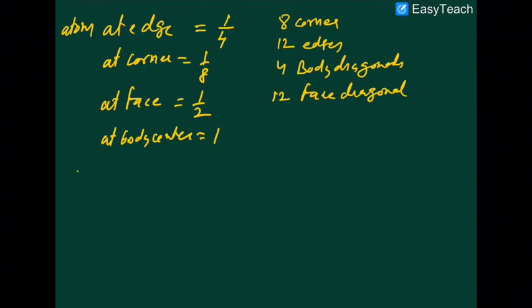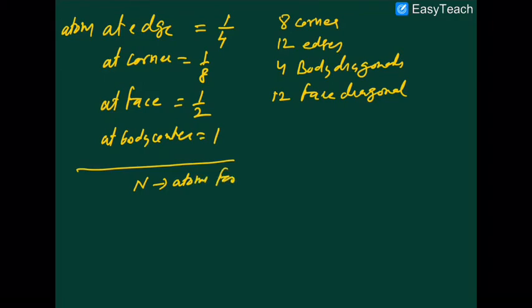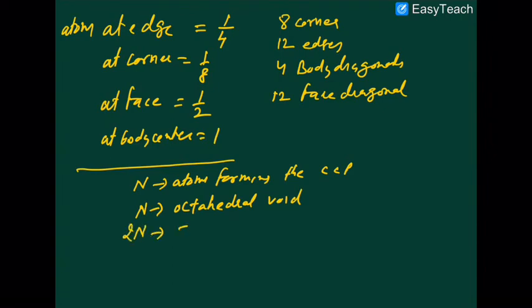Similarly, if n is the number of atoms forming the cubic close packing, then n will be the number of octahedral voids and 2n will be the number of tetrahedral voids.